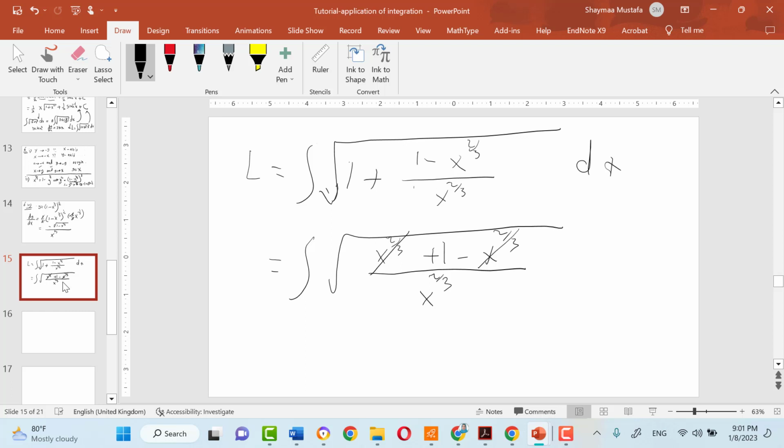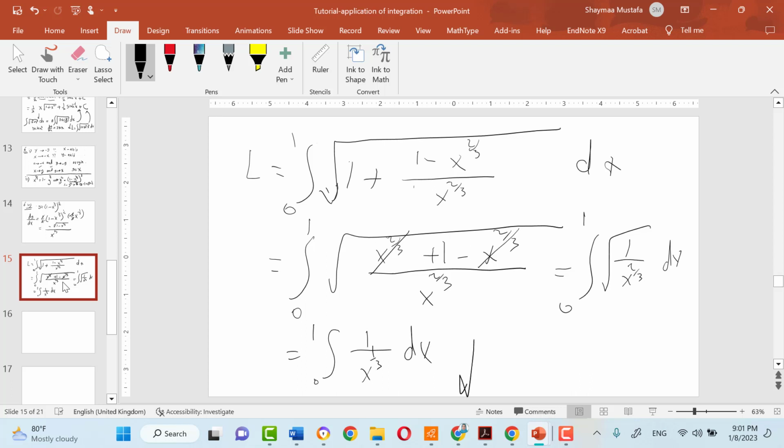So you can integrate from 0 to 1, because he asked you x from 0 to 1 in the question. So this one will be the square root of 1 over x to the power 2/3 dx. Now this one is the integration from 0 to 1 of 1 over x to the power 1/3 dx. You can continue.